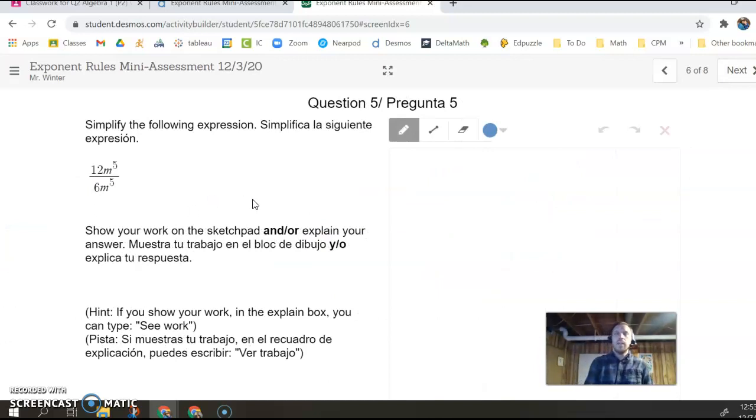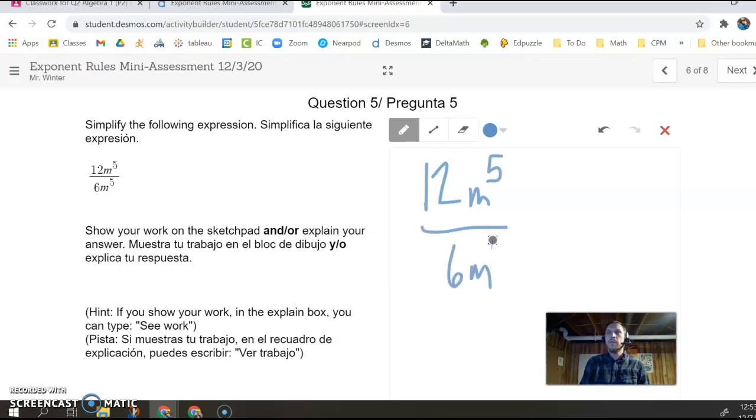All right, here we have 12 m to the 5th over 6 m to the 5th. You might notice right away m to the 5th divided by m to the 5th, we can do the same power 1, right? That big 1 right there. And then you'd be left with 12 over 6, which is simply 2.